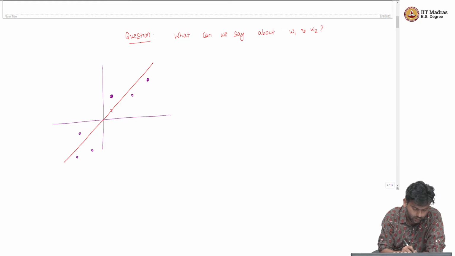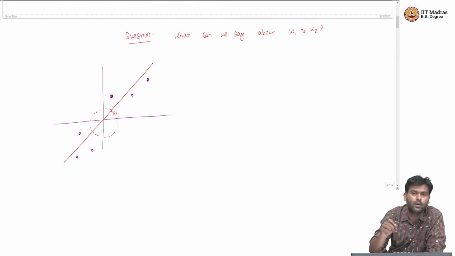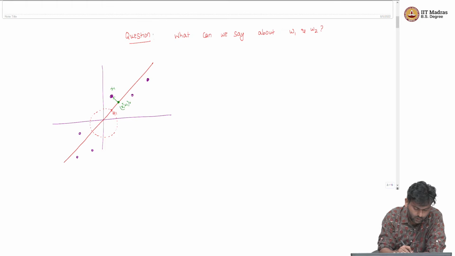So w1 is somewhere here, and remember w1 is unit length, so it would be the direction pointing along the unit circle. Now, what are the error vectors? Well, if this is x1, this point is x1 transpose w1 into w1, which means this error vector, pointing this way, is the remaining piece, which is x1 minus x1 transpose w1 into w1.